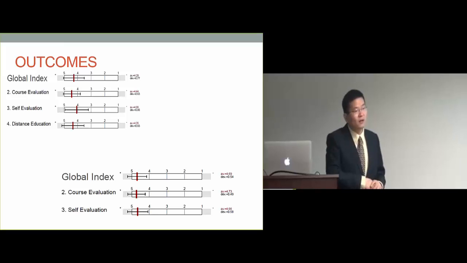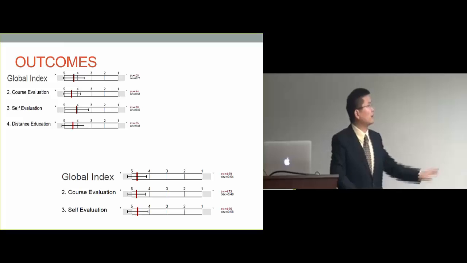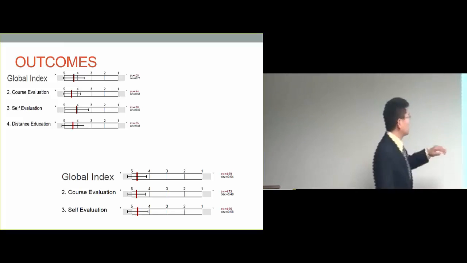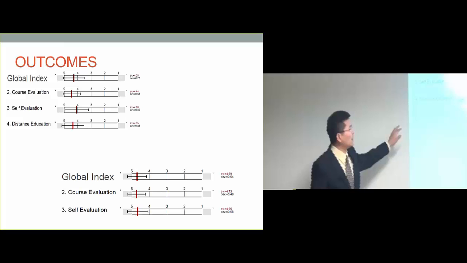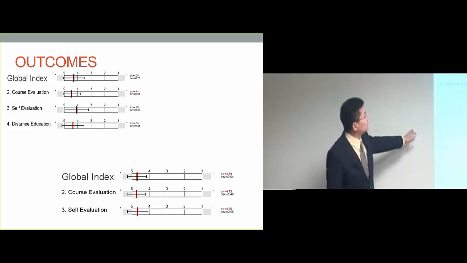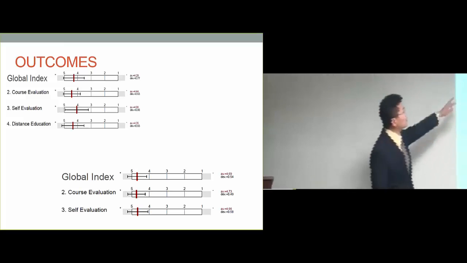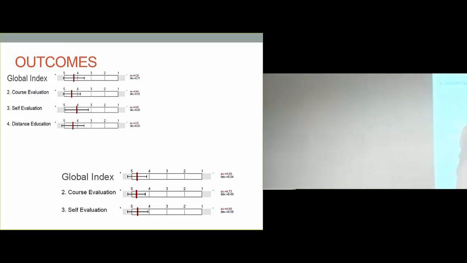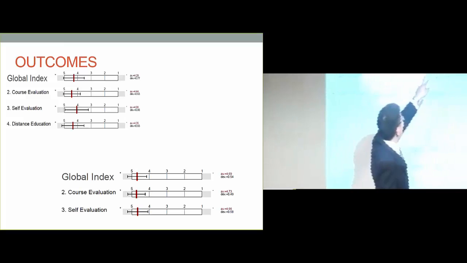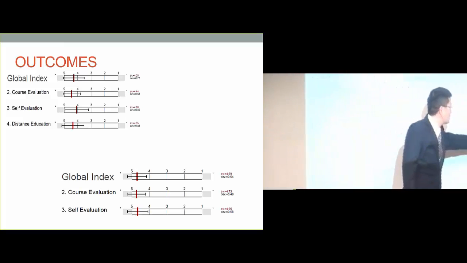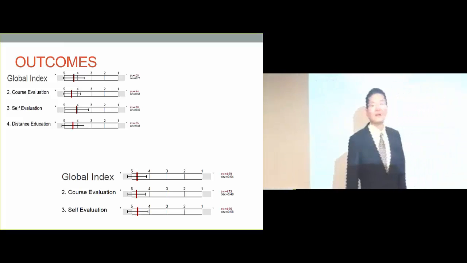Now we come to the outcomes. This is the evaluation of the class. I intentionally put the online class and my live class together, so you will find the results are somewhat comparable. My online class overall evaluation is 4.28 out of 5, and this is the live class, 4.69 out of 5.